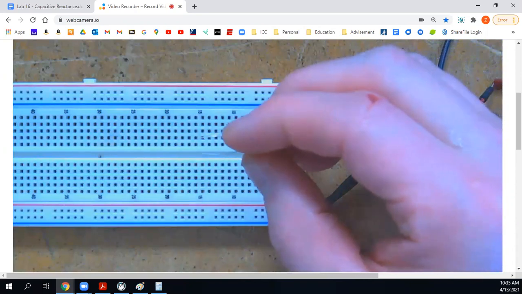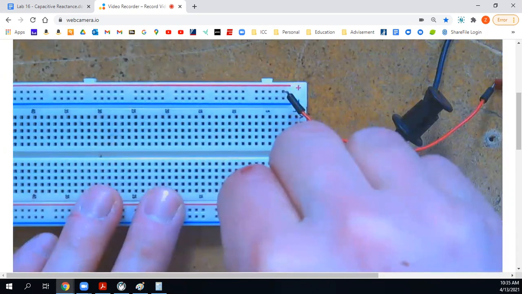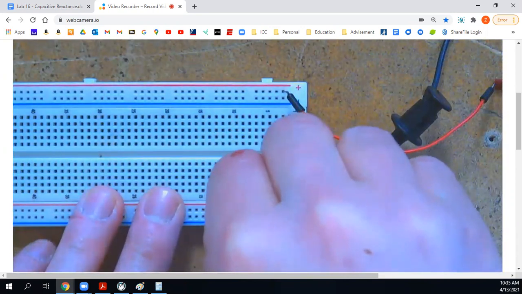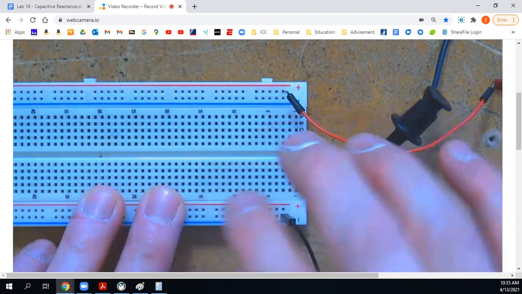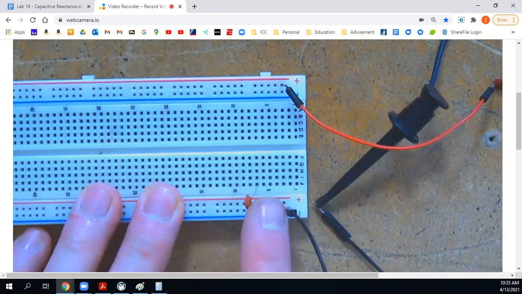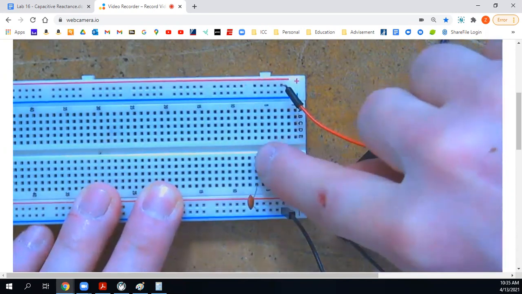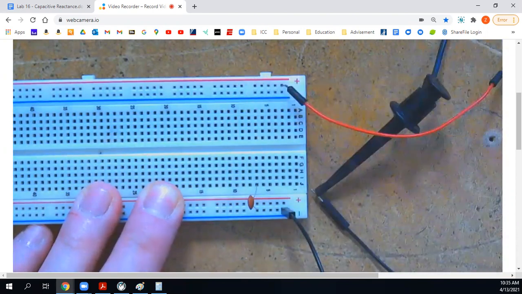And the lab does not tell us if we need to put it any certain way, but it's alternating current, so we shouldn't have to. So I'm just going to connect one to the negative side and one, I'm going to use the resistor to bridge the gap from here to the positive side.